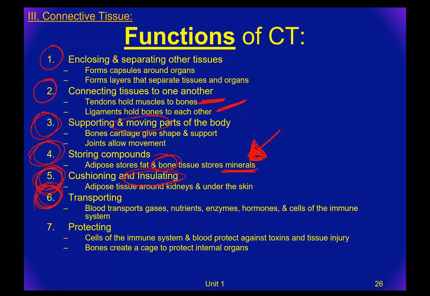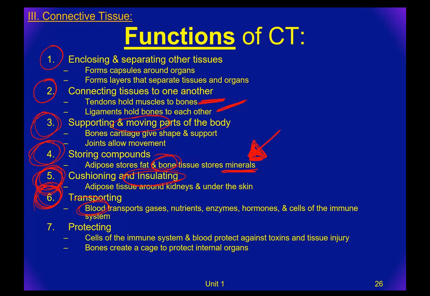Transporting. Okay, so one of the examples that I gave you for a connective tissue is the blood, right? Blood is like the ultimate transport system in your body. While your arteries and veins are kind of the highway system, the blood is the cars. So it transports oxygen from your lung to the tissues in your body.